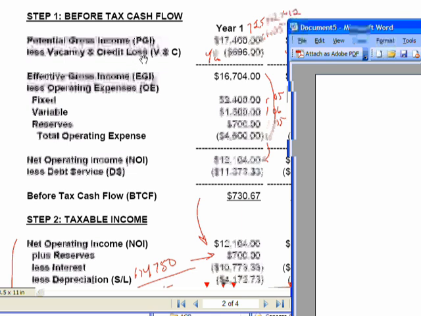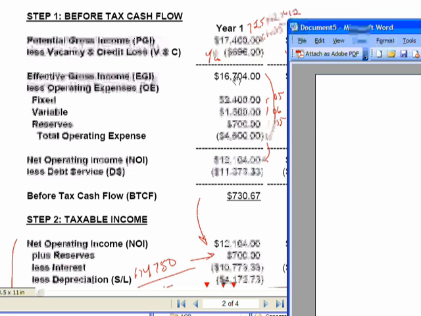Now the vacancy and credit loss, that was specified in our inputs, our assumptions, at 4% of PGI. So if you take 0.04 or 4% of 17,400, that's $696. Subtract that out, that gives us effective gross income of $16,704.